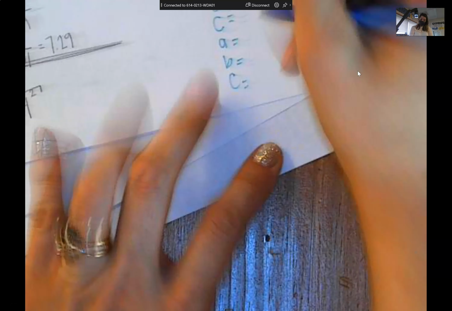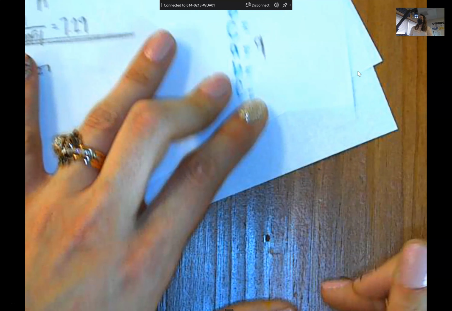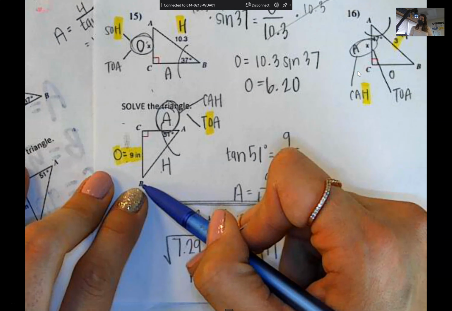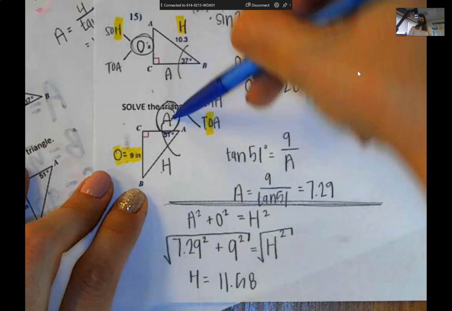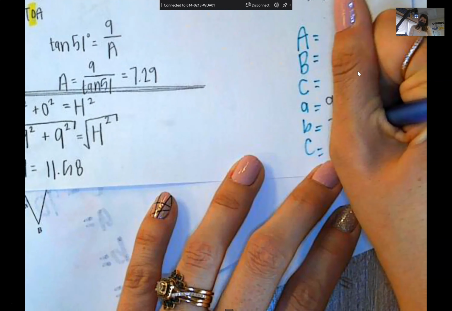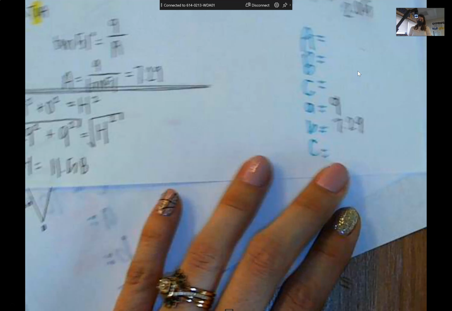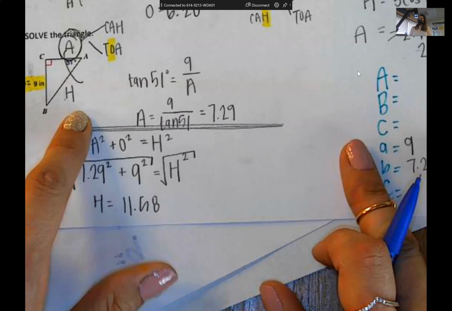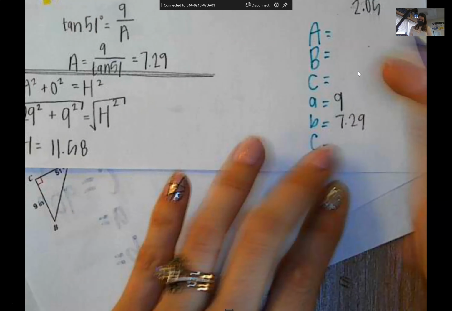So over here, I'm going to write down 9. Little b is across from big B. So that was our adjacent side. That's 7.29. And then side C is our hypotenuse, which is our 11.58.